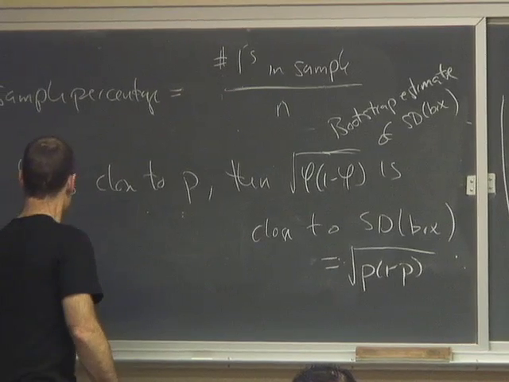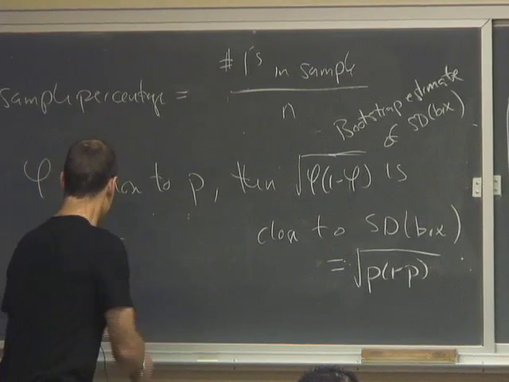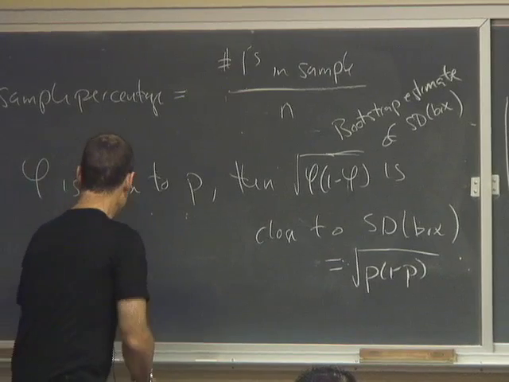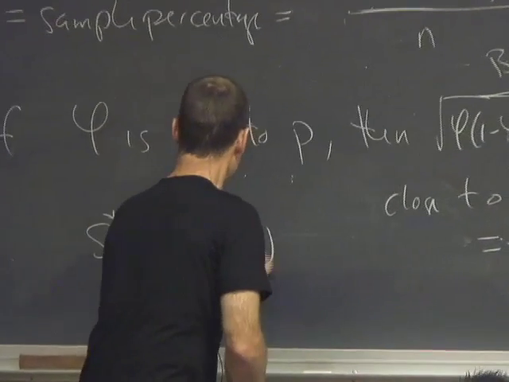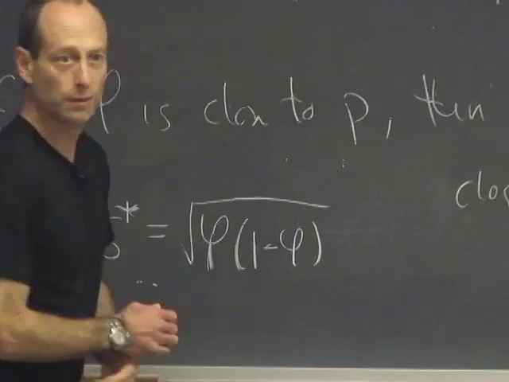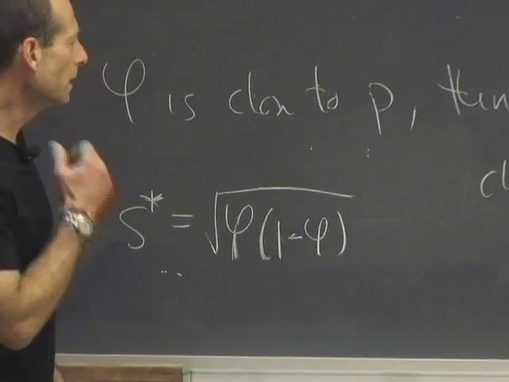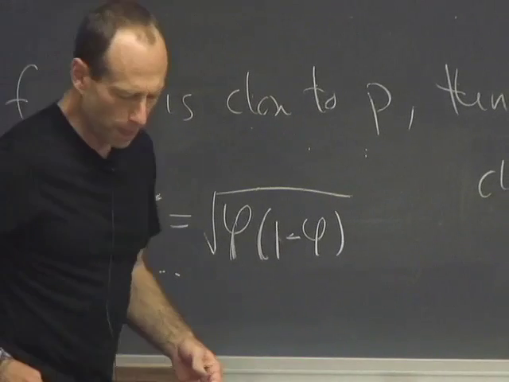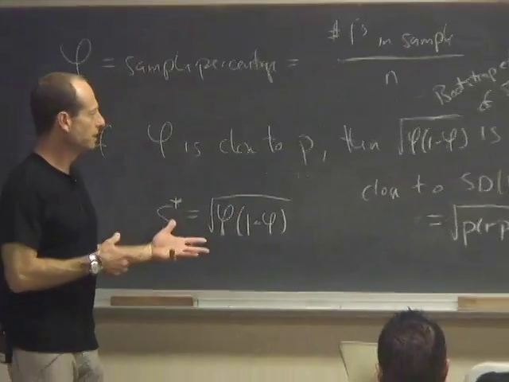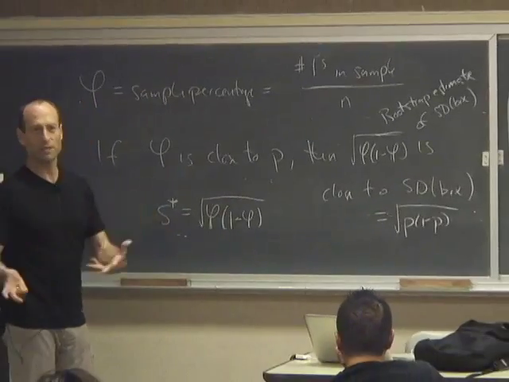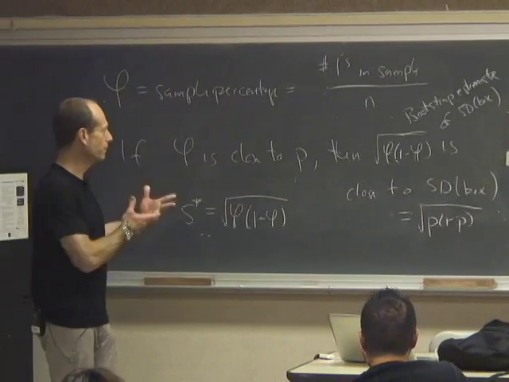S star is the square root of the sample percentage times 1 minus the sample percentage. Okay.